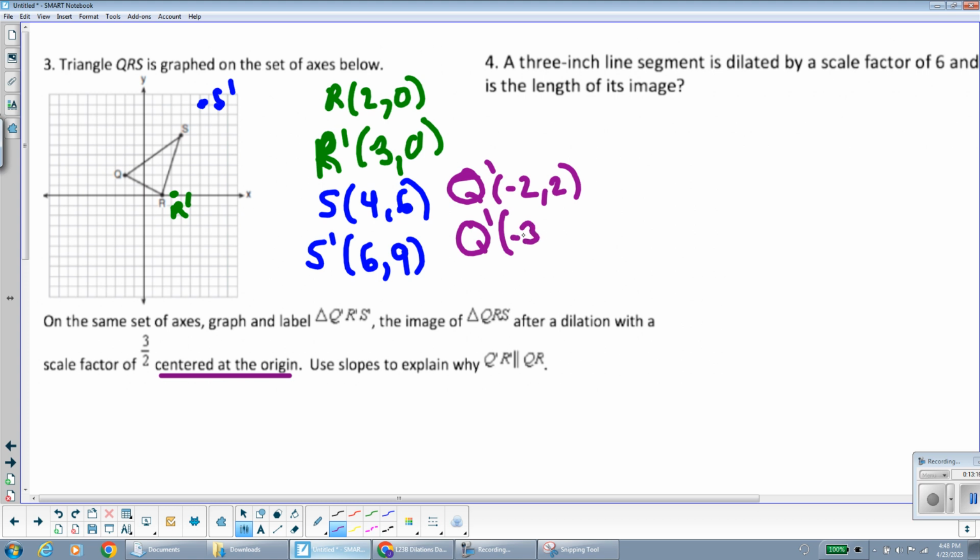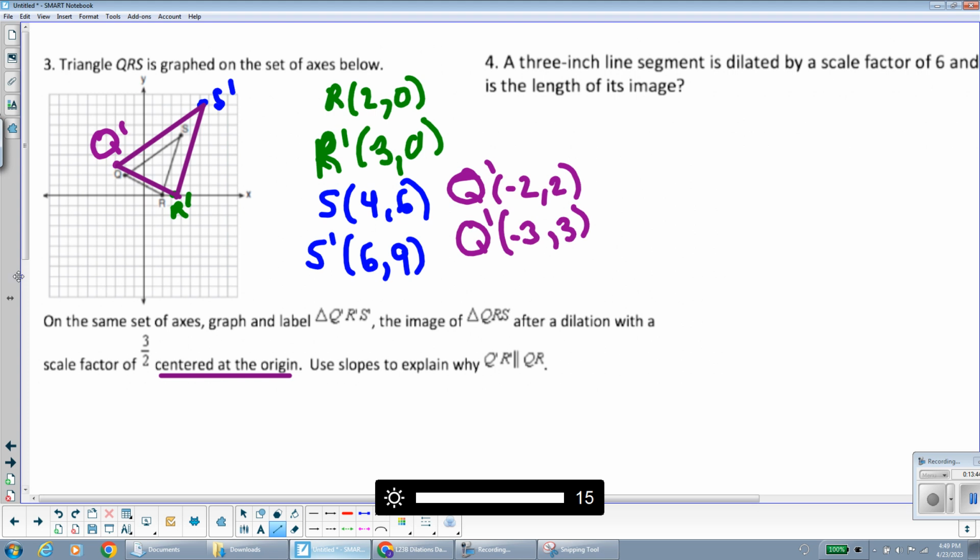And if we multiply 2 by 3/2, that is 3. Okay, let me connect that together. And notice how it is about 1.5 times bigger than the original, because 3/2 is 1.5.